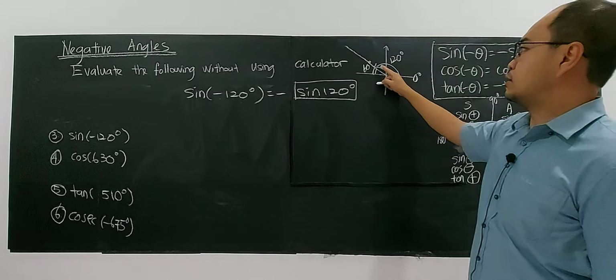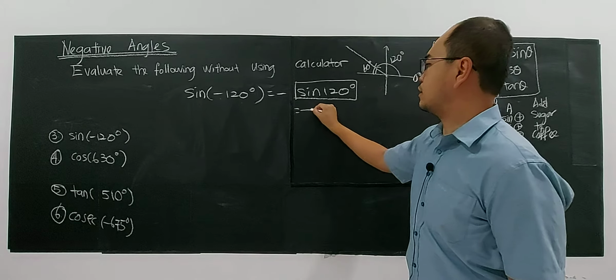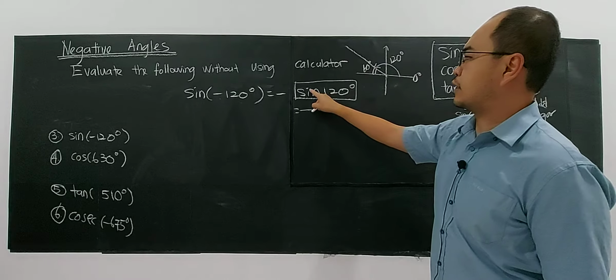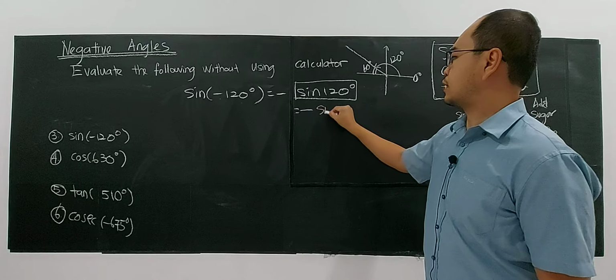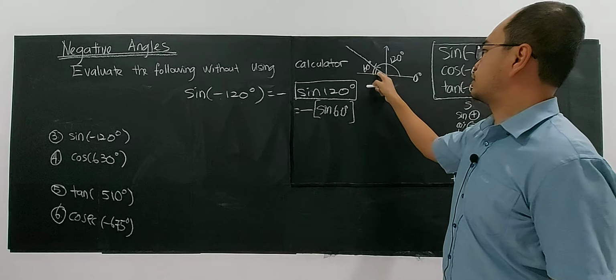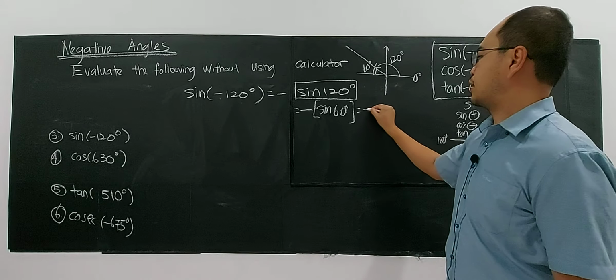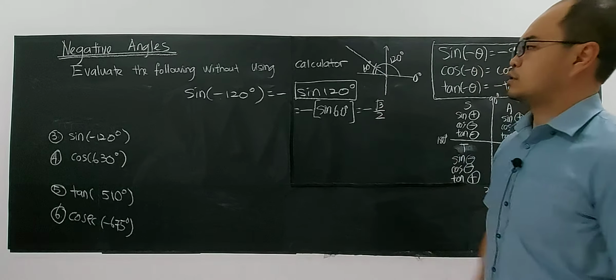In this quadrant, sine is positive, so it will be sine 60 degrees, the supplementary angle. Sine 60 is square root of 3 over 2, easily.